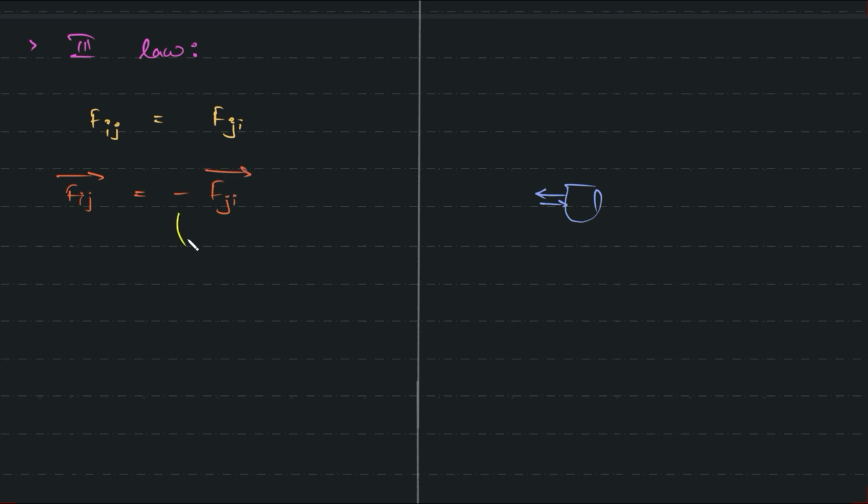And we put a negative sign indicating it is in the opposite direction. This indicates equal magnitude. Again, guys, all of this is an introduction.